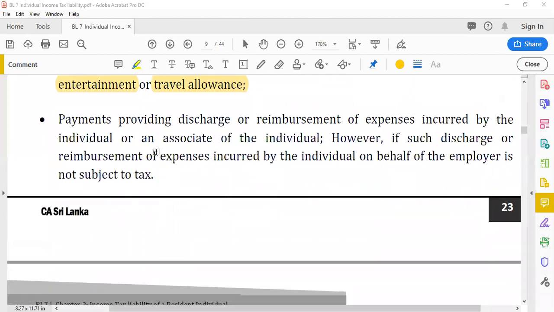Then payments providing discharge or reimbursement of expenses incurred by an individual or an associate of an individual. However, such discharge or reimbursement of expenses incurred by an individual on behalf of the employer is not subject to tax, right? Did you understand?